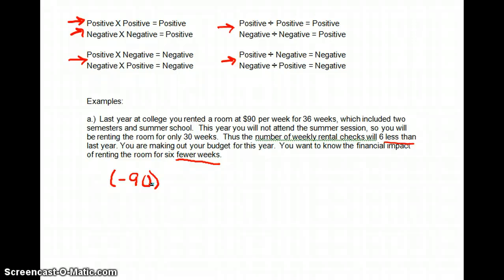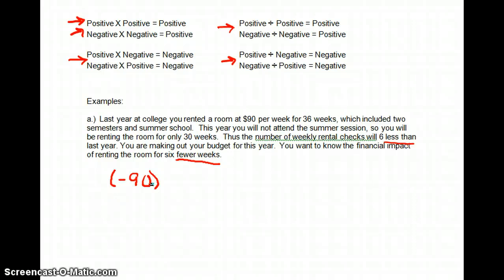It's not going to be money that we get to keep. It's an expenditure. So whenever we have some form of debit coming out of our financial account, that is represented by a negative value.